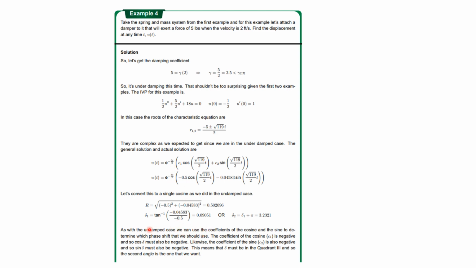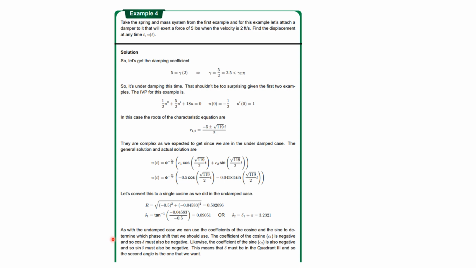We get that. Now that tells you that it's a positive number, but that means either it is in the first quadrant or it's in the third quadrant, and you don't know which. But as in the undamped case, you can use the coefficients of the sine and cosine to determine which phase shift you should use. Again, you have to be engineers, just don't take the value from the calculator.